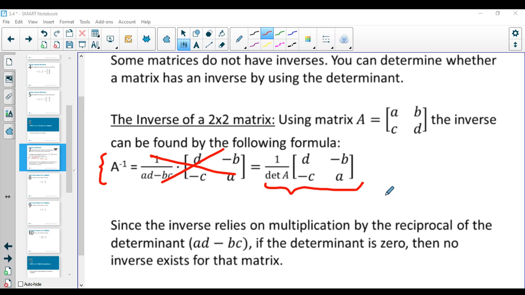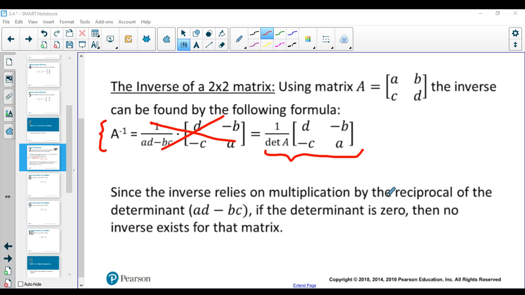And part of the way that I remember that these are the ones that are negative and not flipped is when you take a determinant, you subtract what you get when you multiply these two. So that's how I remember that those are negative, right? And then these ones stay positive but are flipped. And the reason that happens is essentially just if you were to work out how to get an inverse of a matrix backwards, right?